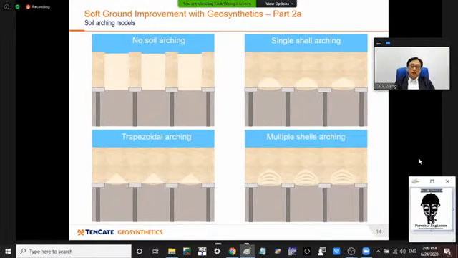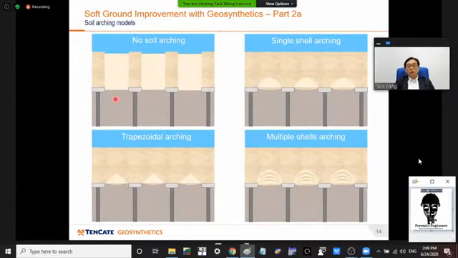The first one is on the top left, where there's no soil arching. So only the column of soil directly above the pile cap is transferred onto the pile cap and then the piles. And in between that, it is the subgrade that is taking the load of the soil.